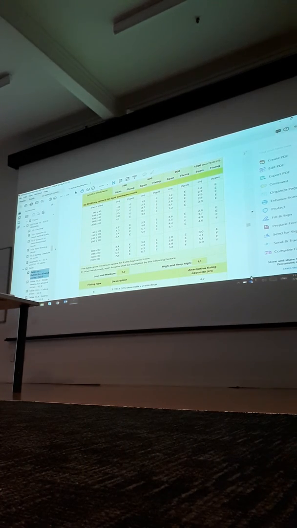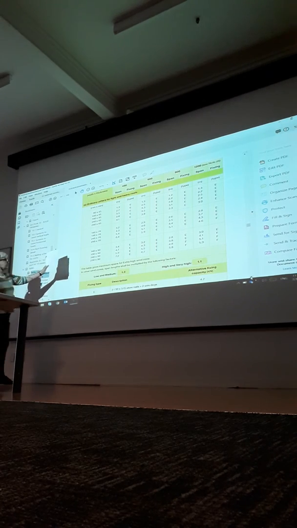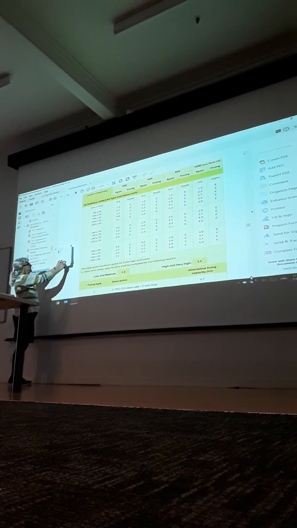The other answer, which was 240 by 70, is when you're looking at the span the other way, because some people interpreted it as if the rafters were spanning across this room, thinking that there was no beam.